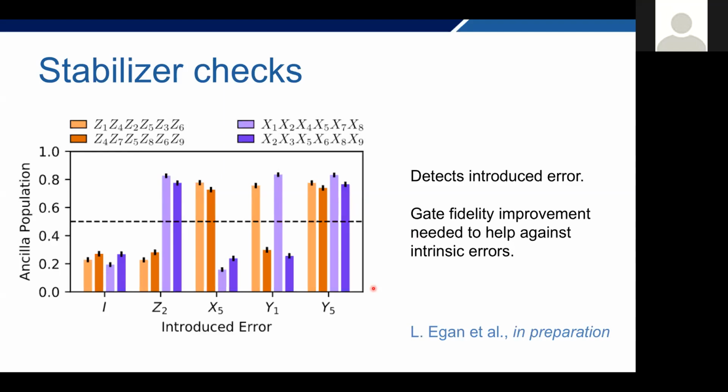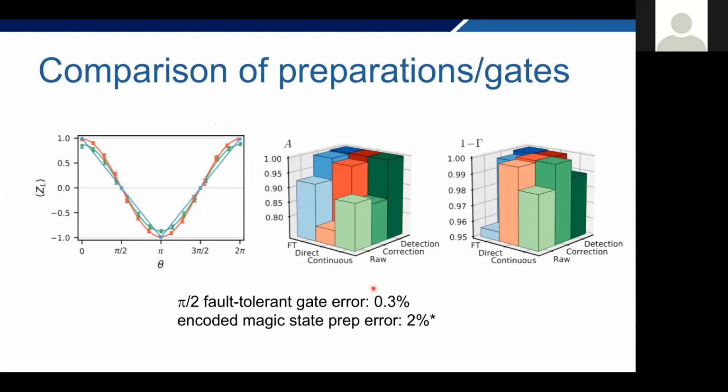Can I just ask, is that 2% an estimated number, or is that interpolating from the data? Well, yeah. Imagine this curve. What does this curve not see? The curve doesn't see the phase, so it can't tell if I'm doing a Z rotation, an X rotation, or a Y rotation. But we have good reasons to believe we're doing a Y rotation, which I could go into.